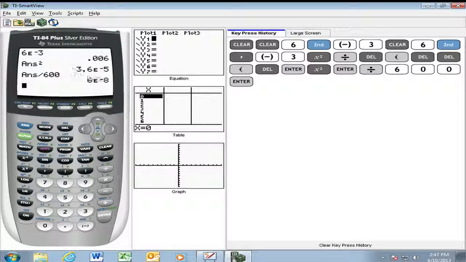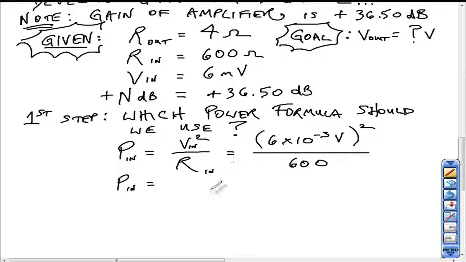And then square it, of course. And then last but not least, divide it by pure 600. So there's our quantity for power in. In other words, what's the unit for power? This is 6 times 10 to the negative 8 watts. Very good. So let's go back to the problem here. That's going to be 6 times 10 to the negative 8 watts.